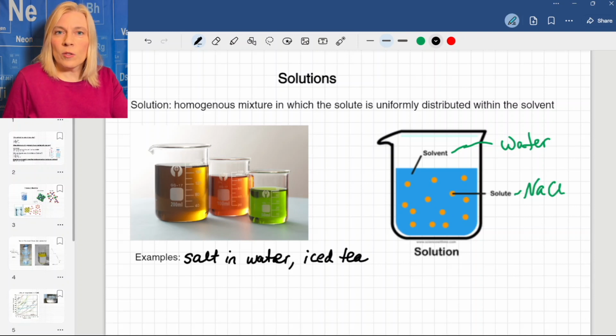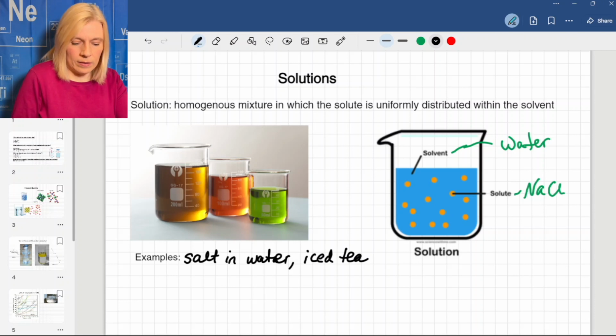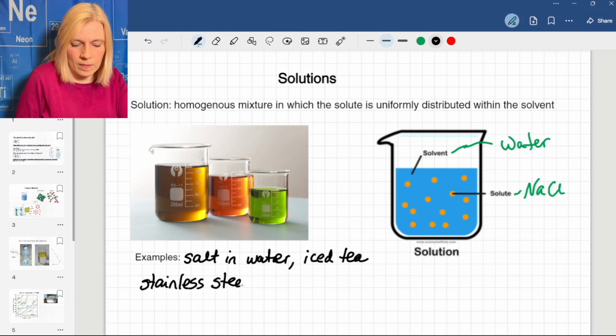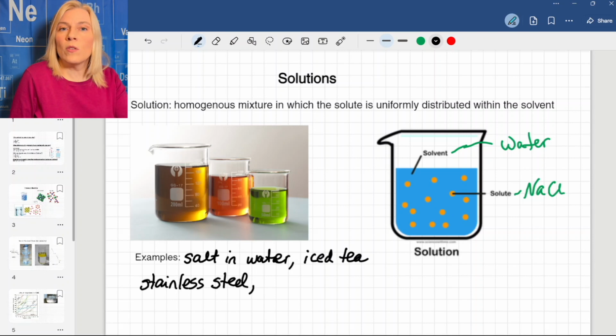Most people think of solutions as being in a liquid state. And that is true. That's what we think. But solutions can also be in solid state or a gas state. So a perfect example of a solution that's a solid will be stainless steel. Stainless steel, or maybe you play a brass instrument.